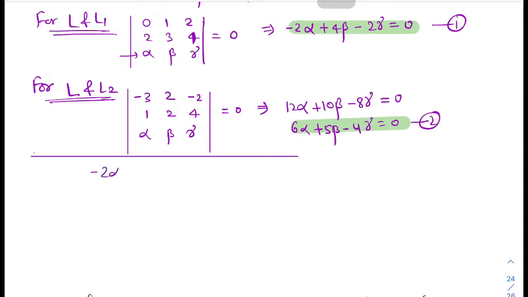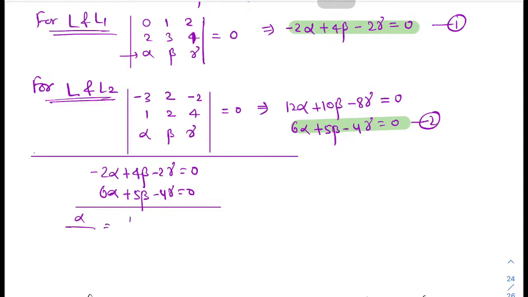So the first equation was minus 2 alpha plus 4 beta minus 2 gamma equal to 0. The other was 6 alpha plus 5 beta minus 4 gamma equal to 0. We can, by the cross multiplication method, calculate three numbers which are proportional to alpha, beta and gamma. There is no need to calculate alpha, beta, gamma as such. So by eliminating the alpha term we will get minus 16 plus 10.